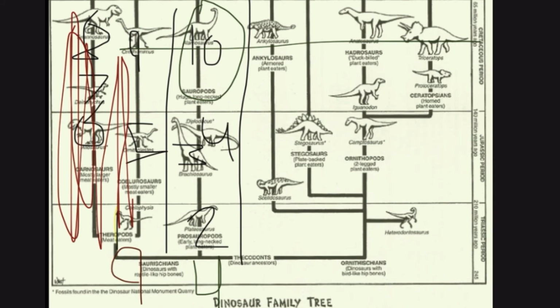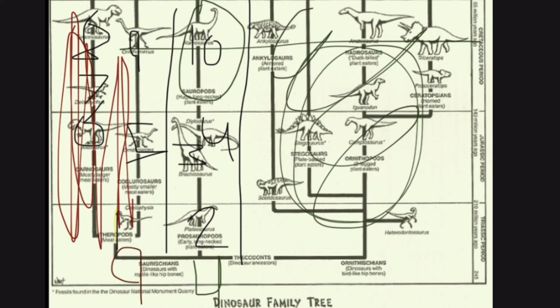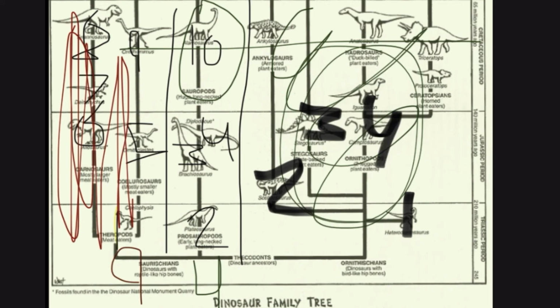You notice a pattern, there are some meat eaters, almost all meat eaters, all plant eaters, and then here we have all plant eaters. Let's count these guys. 1, 2, 3, 4, 5, 6, 7, and then 8, 9.